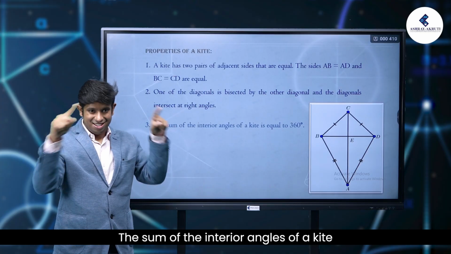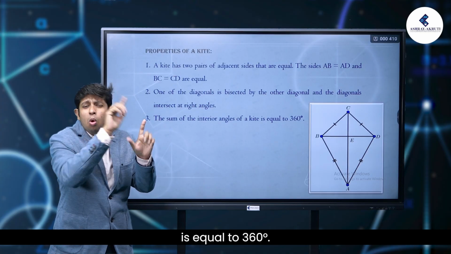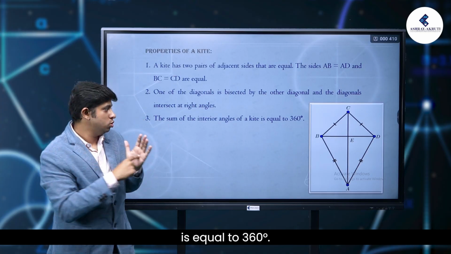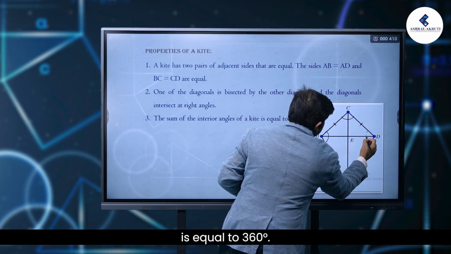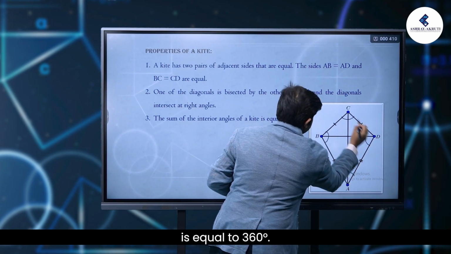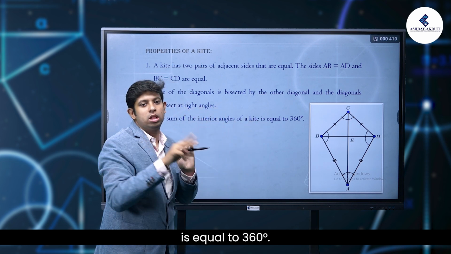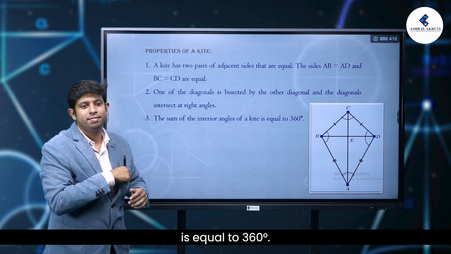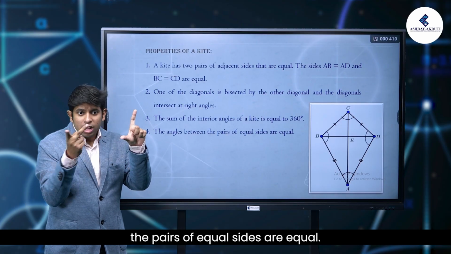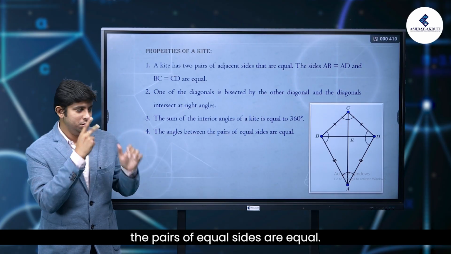The sum of the interior angles of a kite is equal to 360 degrees. The angles between the pairs of equal sides are equal.